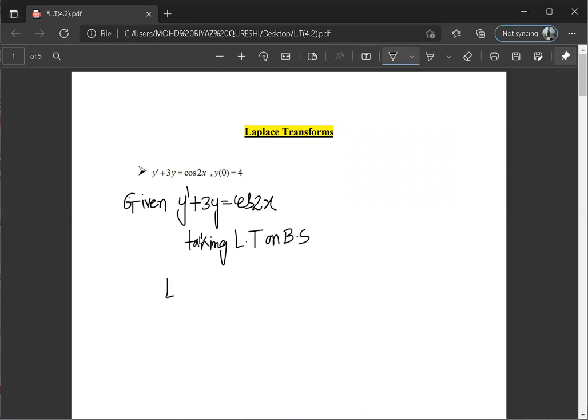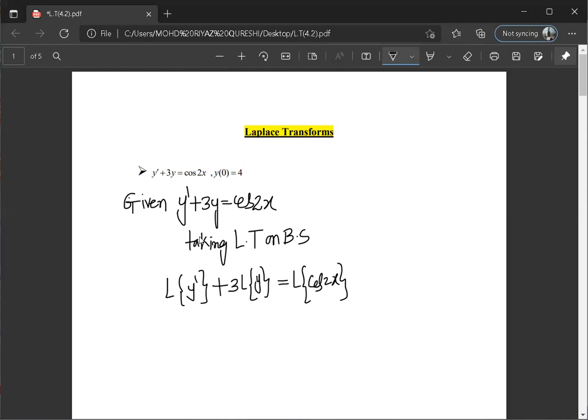So it will become Laplace of y prime plus 3 times Laplace of y. 3 is a constant, and we know the linear property of Laplace transform. If c is a constant, like 3, we can pull it out. Then Laplace of cos 2x.